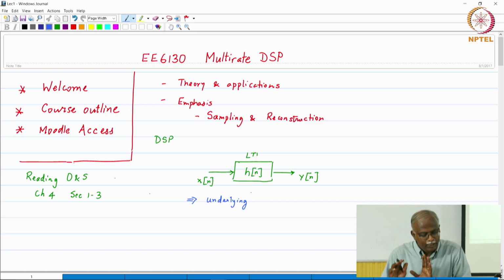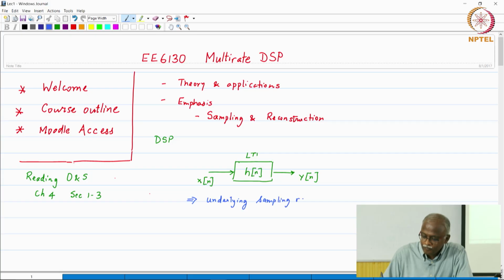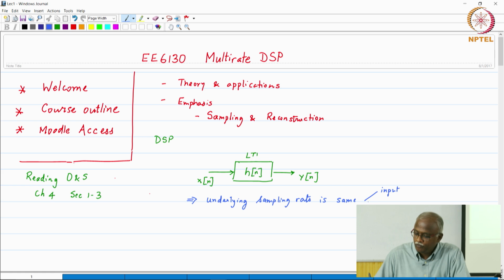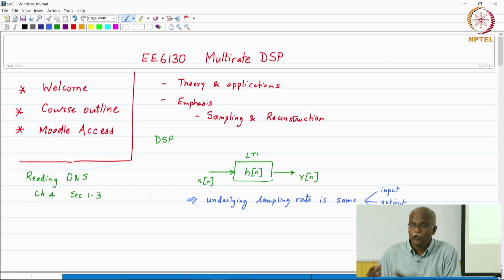I think that's an important element to make note of, because that is not something that you would have emphasized when studying the DSP aspect. The underlying sampling rate is the same for the input, the output, and the impulse response. All of them have the same notion of time and the spacing between the samples.